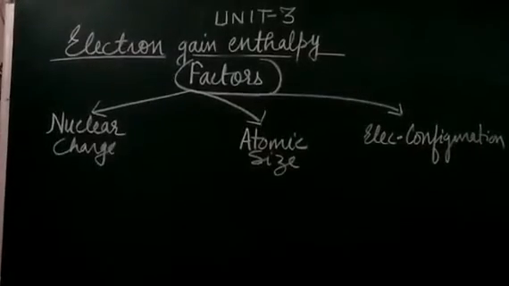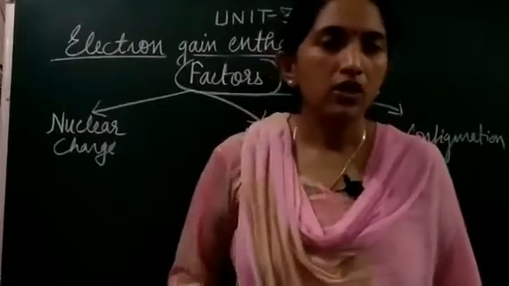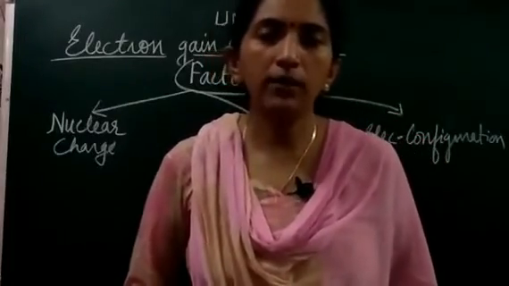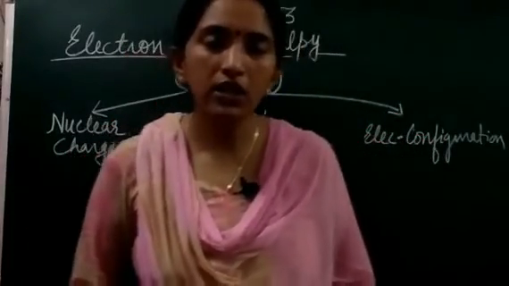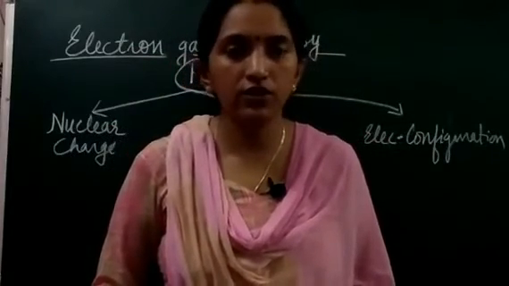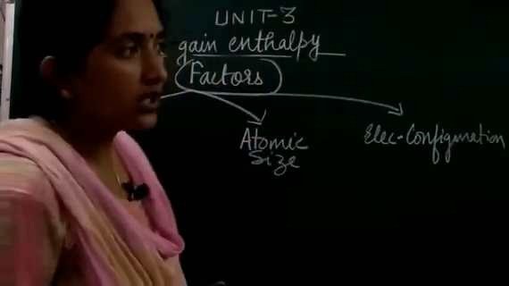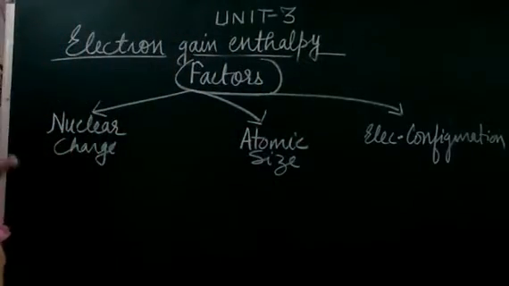Students, we will discuss the factors on which the electron gain enthalpy depends. The electron gain enthalpy depends upon the nuclear charge, atomic size, and the electronic configuration. We are going to discuss them one by one. First, the nuclear charge.